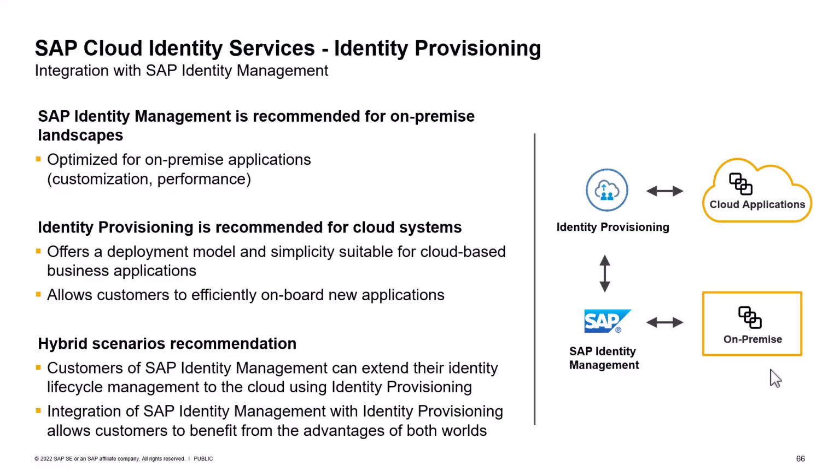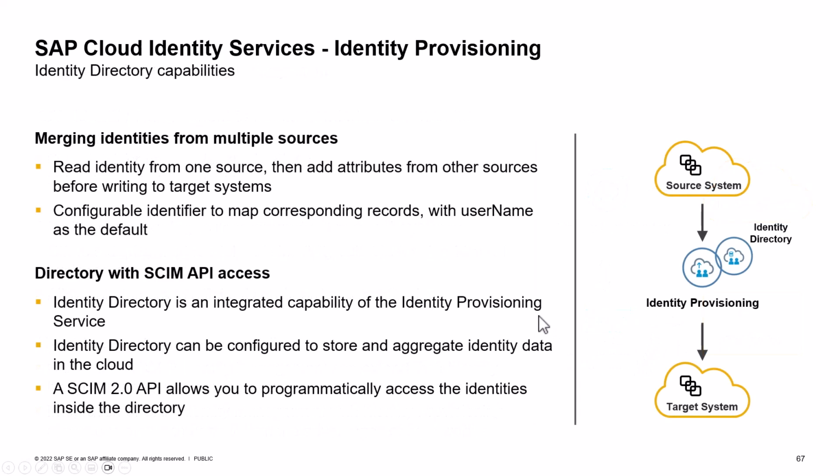I mentioned that identity provisioning uses the SCIM protocol, and SAP S/4HANA, the on-prem system, doesn't natively support it. So in that case, we work in conjunction with SAP Identity Management, and we are able to provision users to the SAP S/4HANA system by using it.